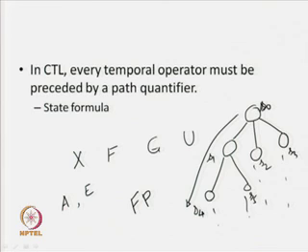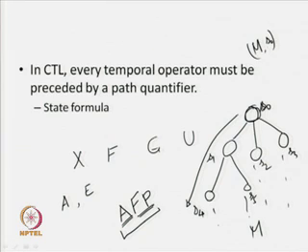But when we talk about CTL, it will be A F P. The temporal formula F P is preceded by a path quantifier, so this is a valid CTL formula, and its truth value is defined over this particular state or any state. If we talk about S0, and this is my model M, then model M in state S0 either models A F P or not. The truth value of this CTL formula is defined over this particular state.